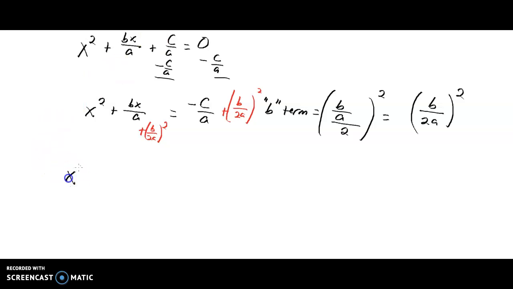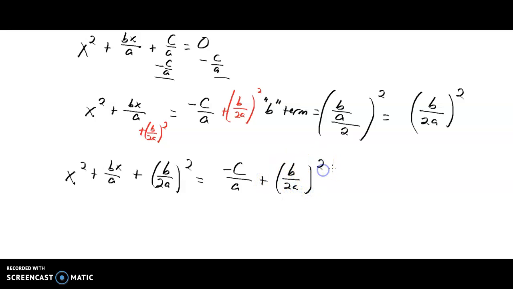I have x squared plus bx over a plus b over 2a squared is equal to negative c over a plus b over 2a squared.